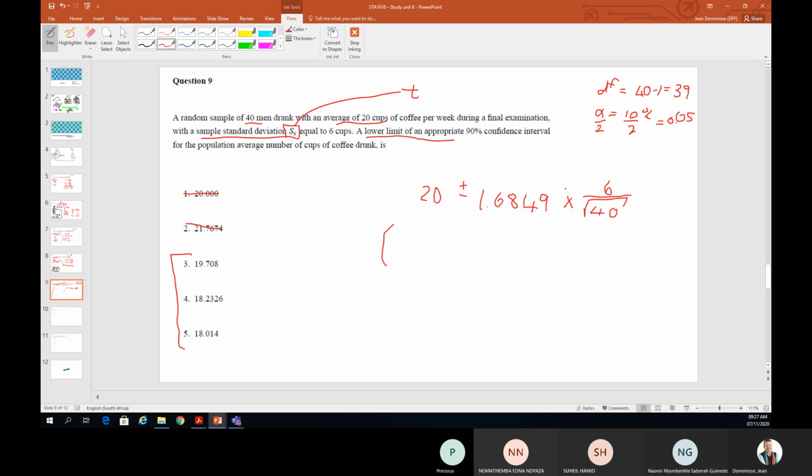What you will notice is that for a 90%, if we used the Z, it was 1.645. So it's not that far off the T. And the bigger the T, the closer it becomes to the normal distribution. So let me just show that for you as well.